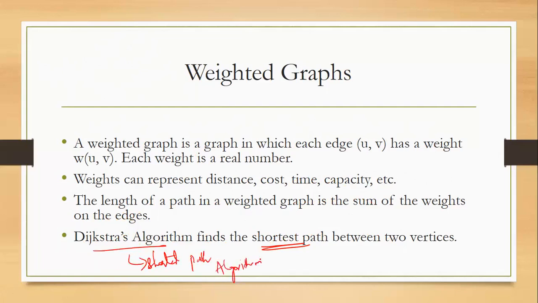There are actually various different algorithms, but in our syllabus we have Dijkstra's algorithm, so it is also known by the name of a shortest path algorithm. It is used to find the shortest path between two vertices in a weighted graph. This was discovered by the mathematician of the same name, Dijkstra.